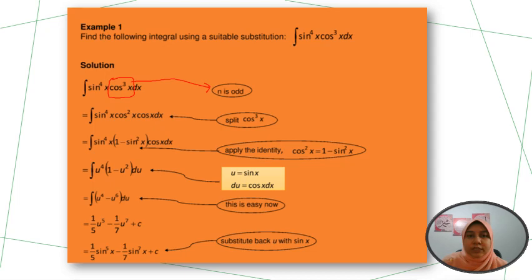Then we have to split up the cos x to the power of 3 into cos x to the power of 2 times cos x. Then we apply the trigonometric identities for this cos x to the power of 2.